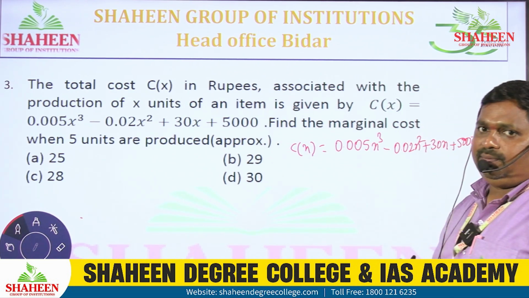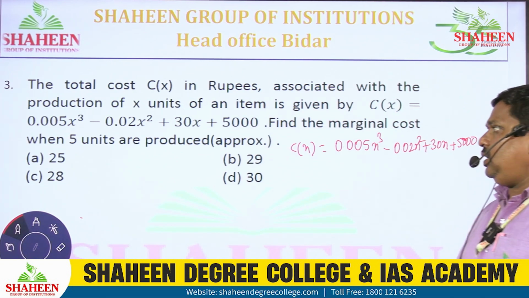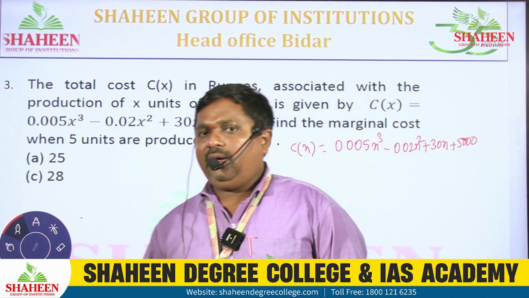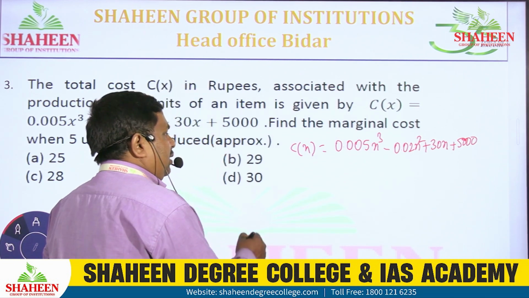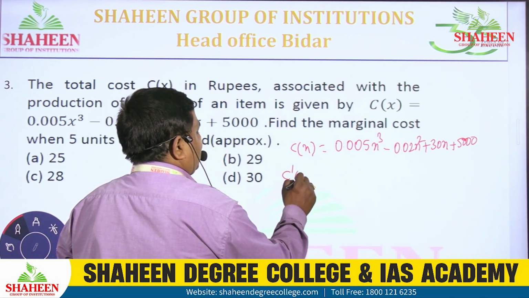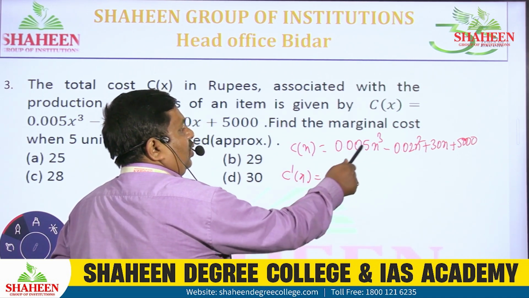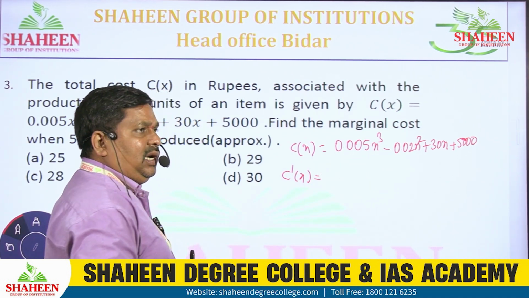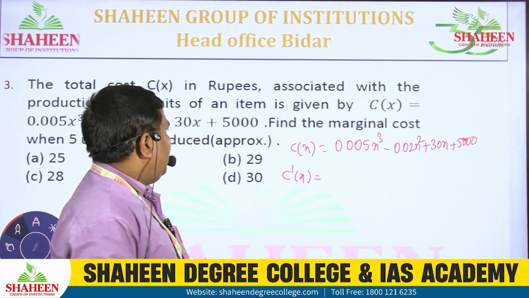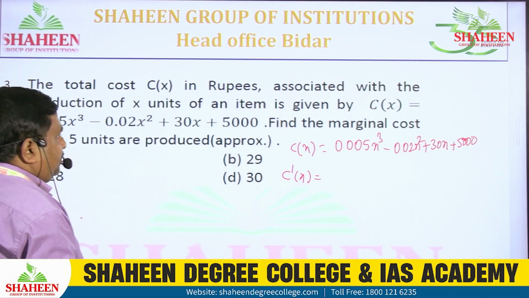Then the derivative of this cost function becomes the marginal cost here. In this, what does x represent? X represents the number of items that are produced.